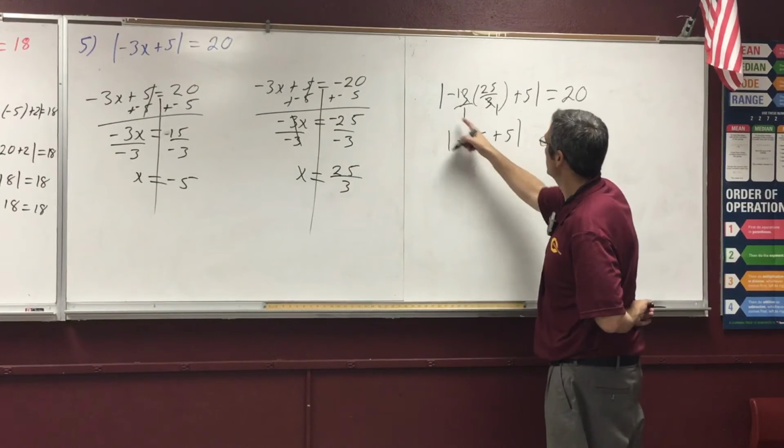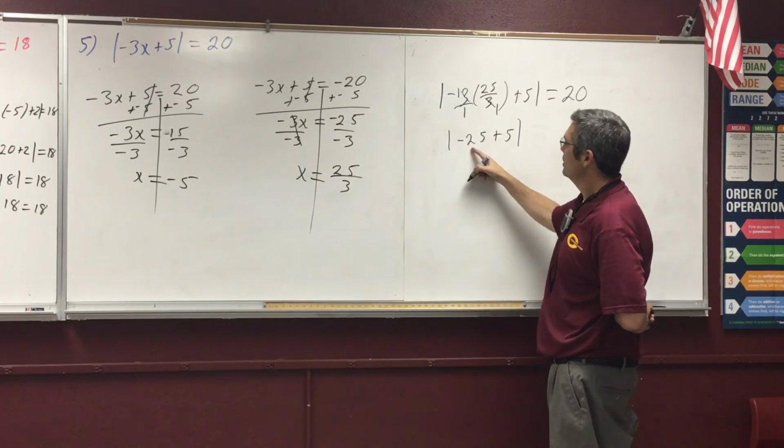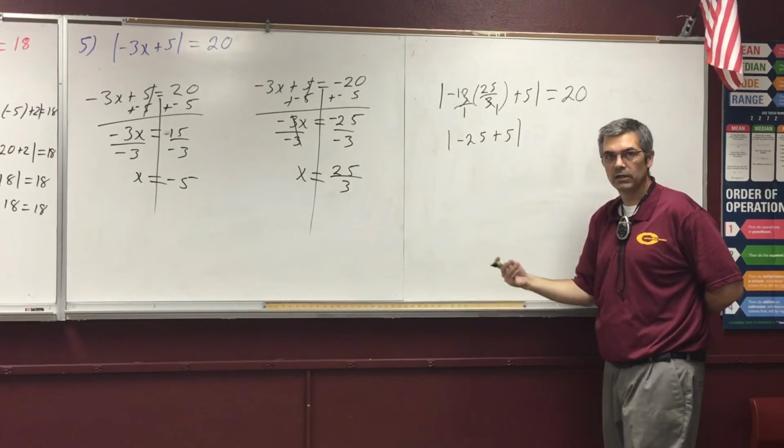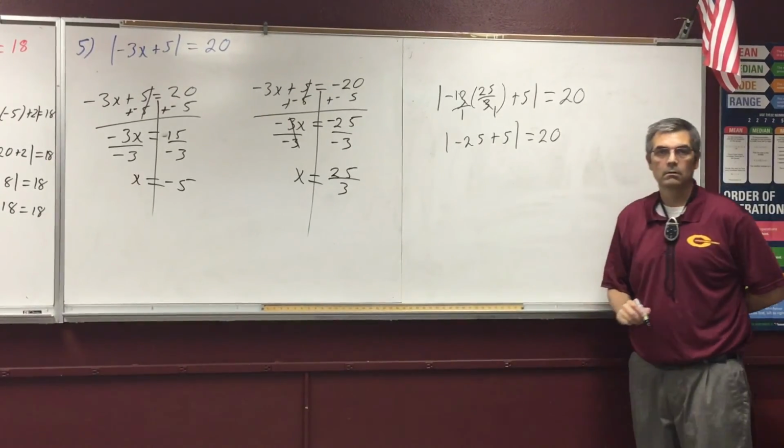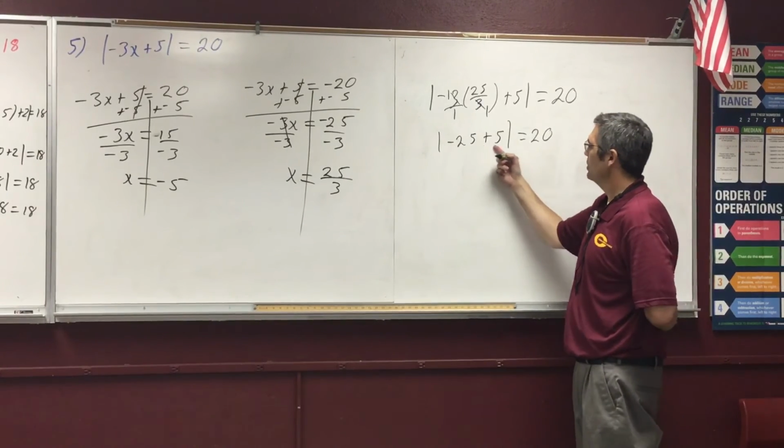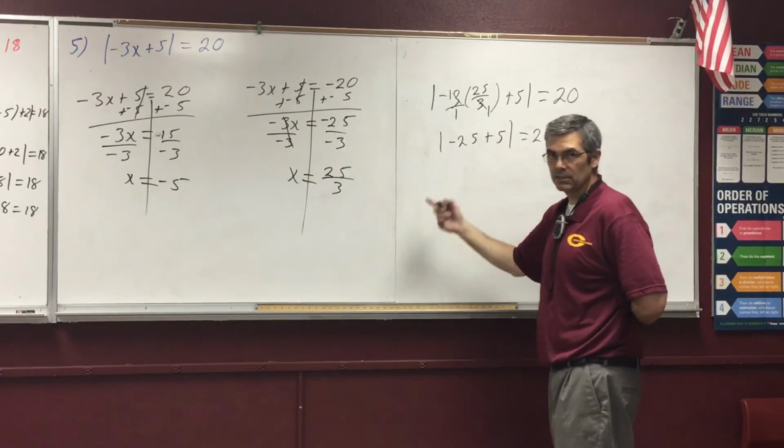Okay, so 1 times 1 gets you 1, -25 over 1 gets you -25. We're good. Equals 20.